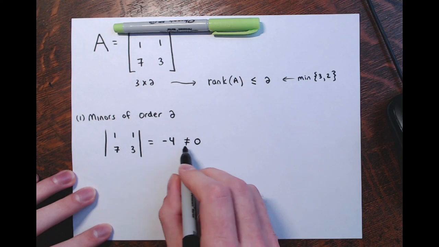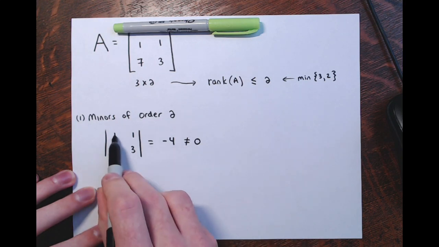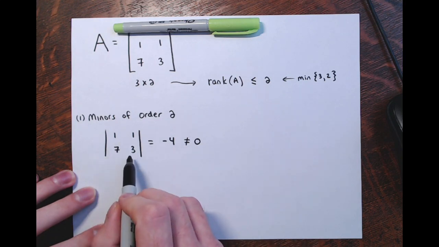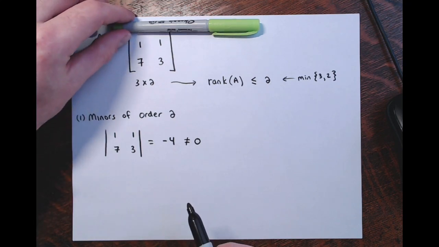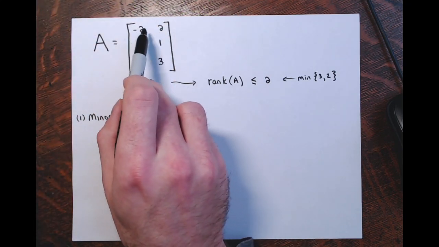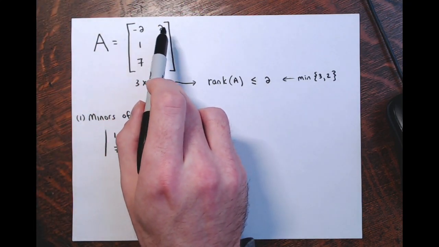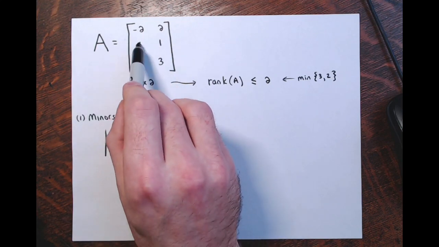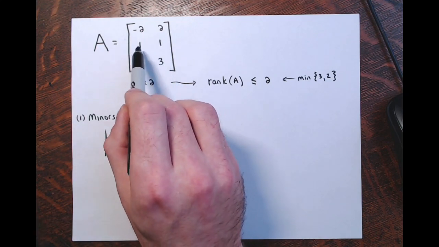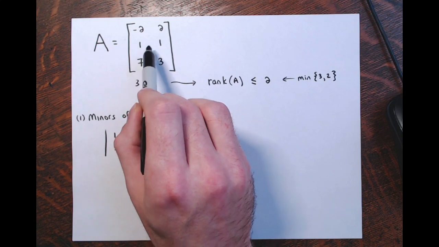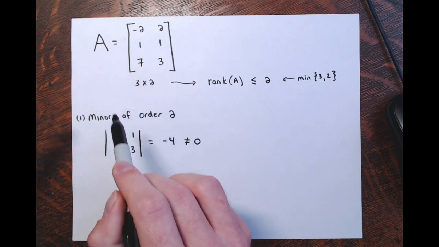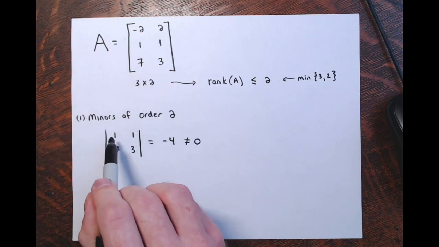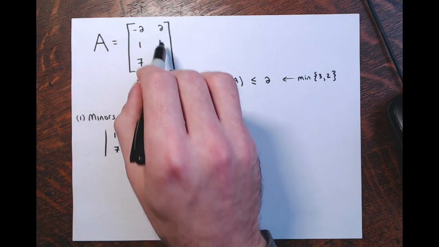And if the determinant is non-zero, that means that these two columns, 1, 7 and 1, 3, are independent. So it really wouldn't matter what the other components I covered up are, because you can't do anything to 1, 7 and make it look like 1, 3. That's what we're saying here. So if these two are independent, then these two columns here are independent.